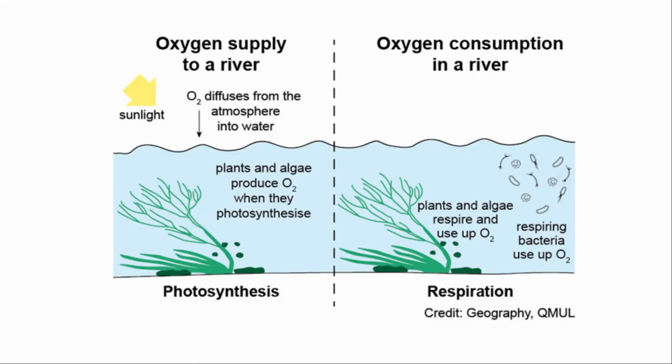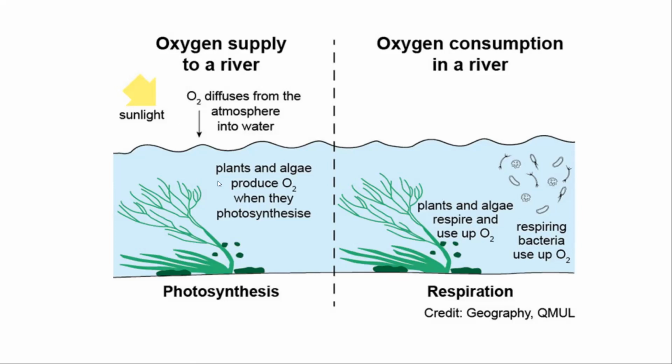When we're thinking about the water and the quality of it, one thing that's often used to gauge that quality is the level of dissolved oxygen. This is going to be important in terms of the amount of organisms that can survive in the water itself.